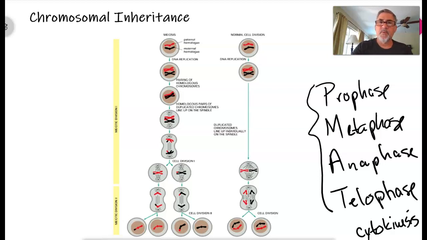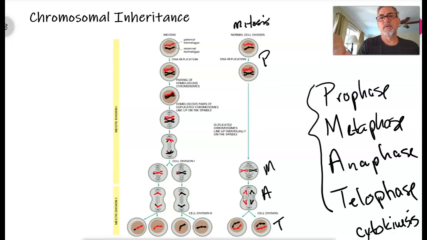So we have prophase, metaphase, anaphase, telophase, right? So this is mitosis over here. So you notice with mitosis, from where we start is the same as when we end.